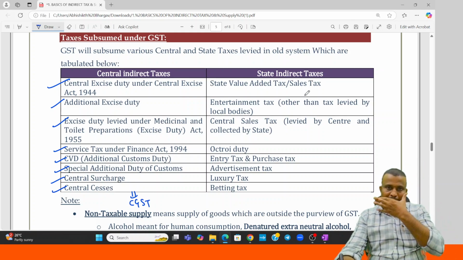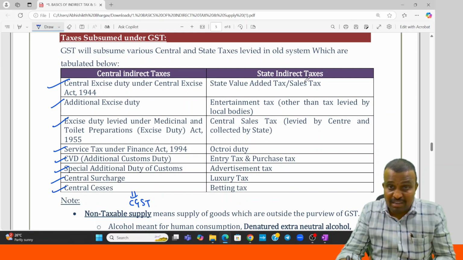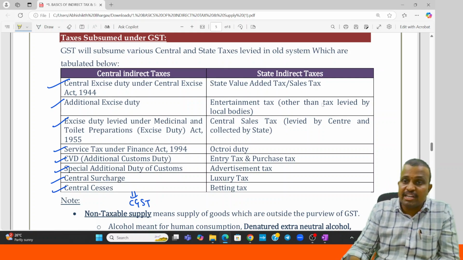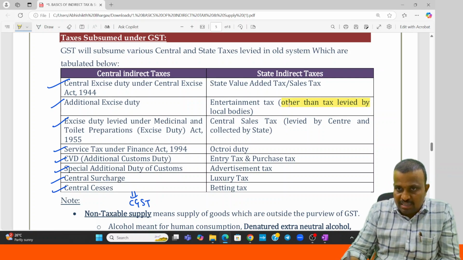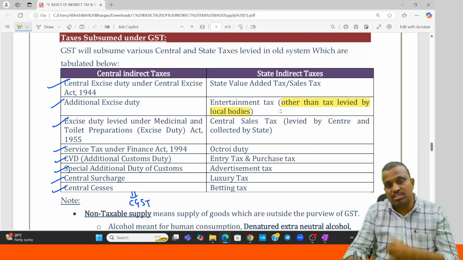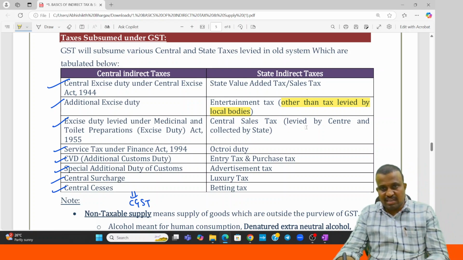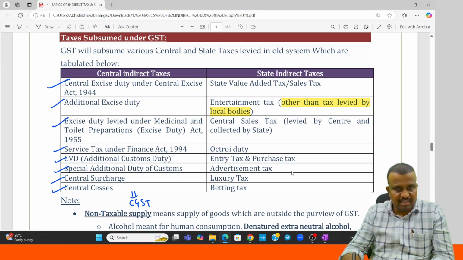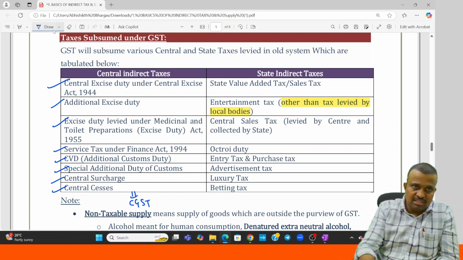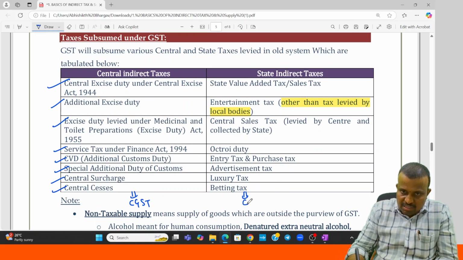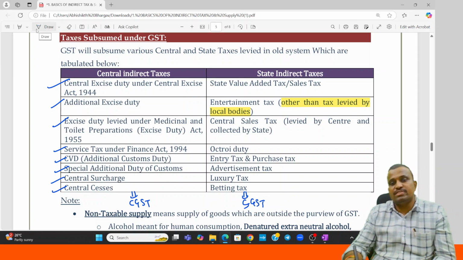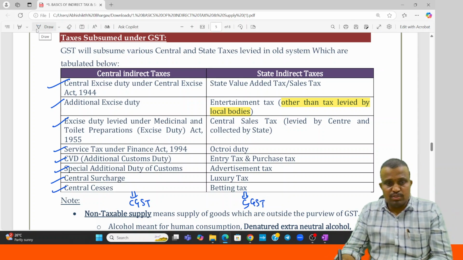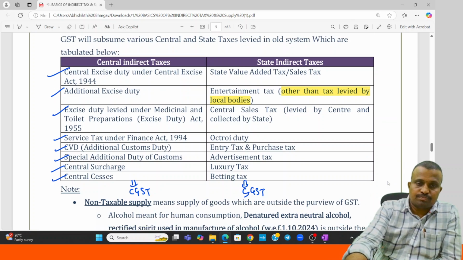And the state VAT or sales tax, entertainment tax levied by the state government other than entertainment tax levied by local authorities, the central sales tax levied by the central government but collected by the state government, octroi, entry taxes, advertisement taxes, etc. are all covered under the purview of SGST. And these are the taxes subsumed under GST.